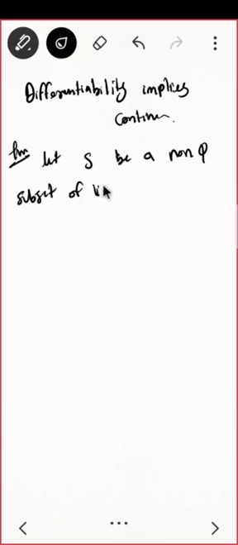So let us write the statement first. Let S be a non-empty subset of Rn, and let F from S to Rm, so the codomain set is Rm, be a vector field.